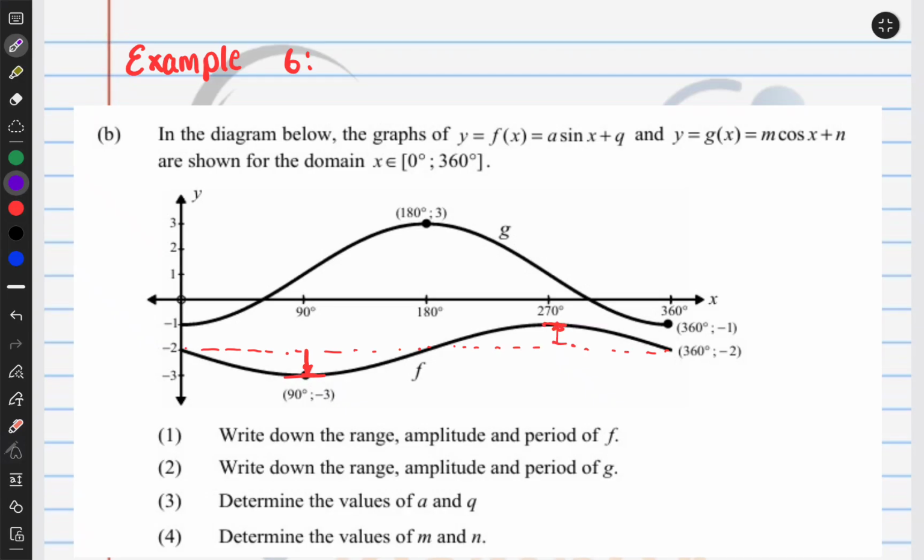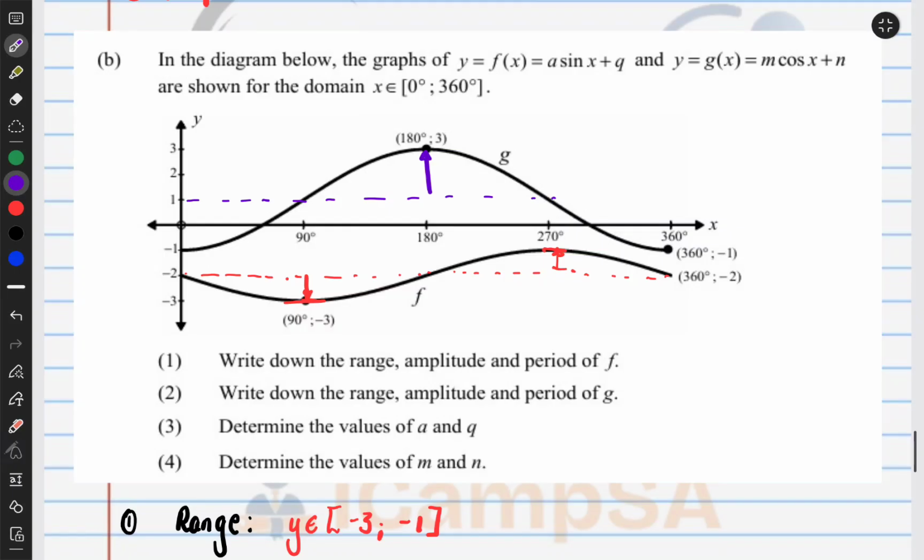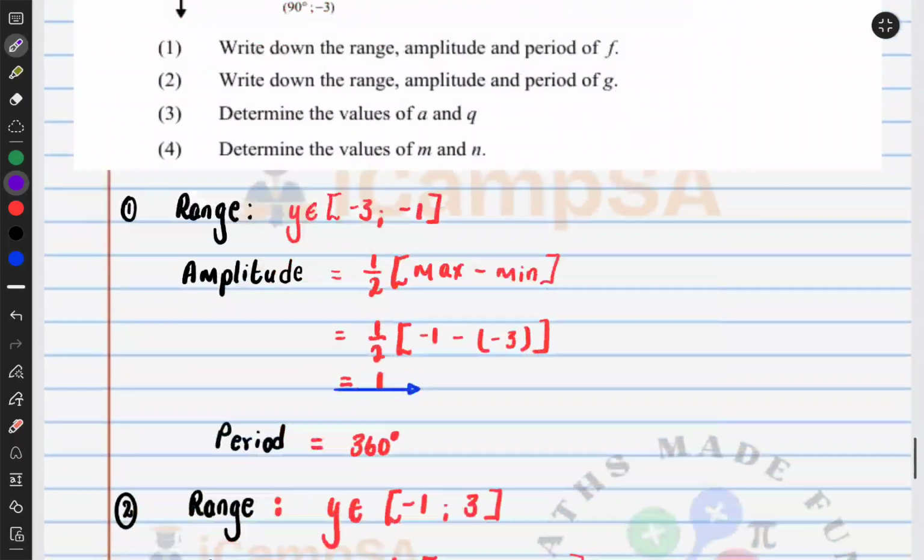And here is the baseline of the cosine function at +1. From +1 to 3 is 2 units. That is what the amplitude actually tells us. How far is the function stretched from the baseline? Okay, then next we have to determine the values of m and n.